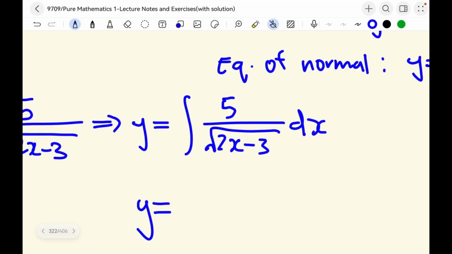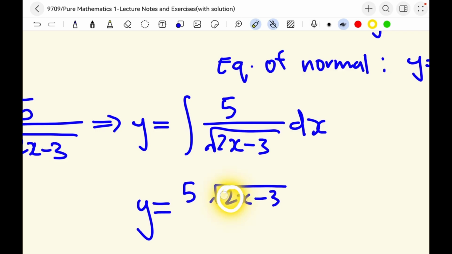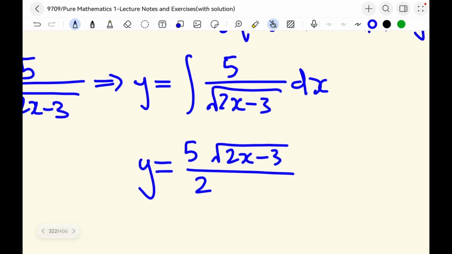First thing first, copy this, because its power is negative 1 over 2. After you integrate, plus 1, you will get 1 over 2. And what is the constant beside the x, which is 2? So put divided by 2. And what is the power of the square root?